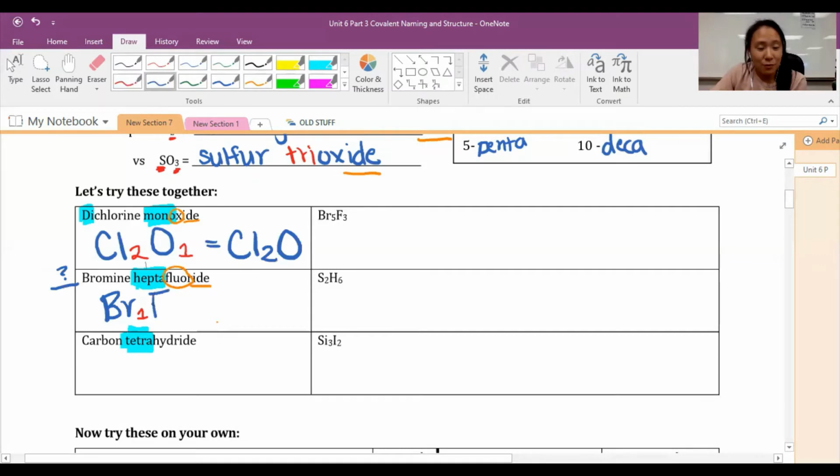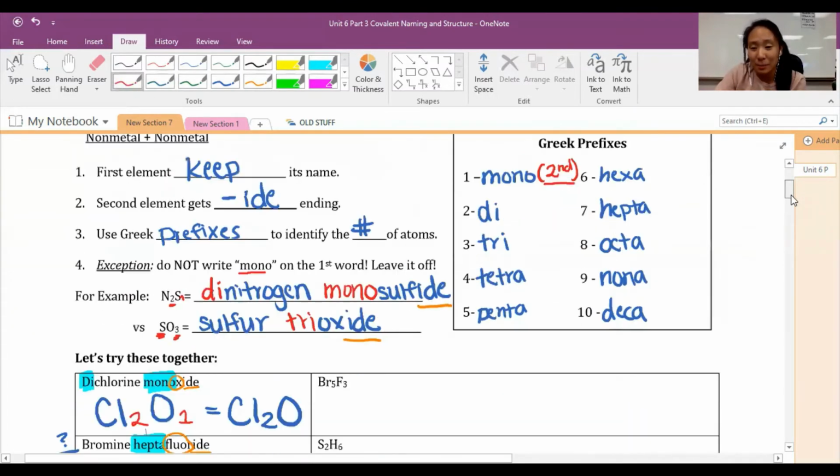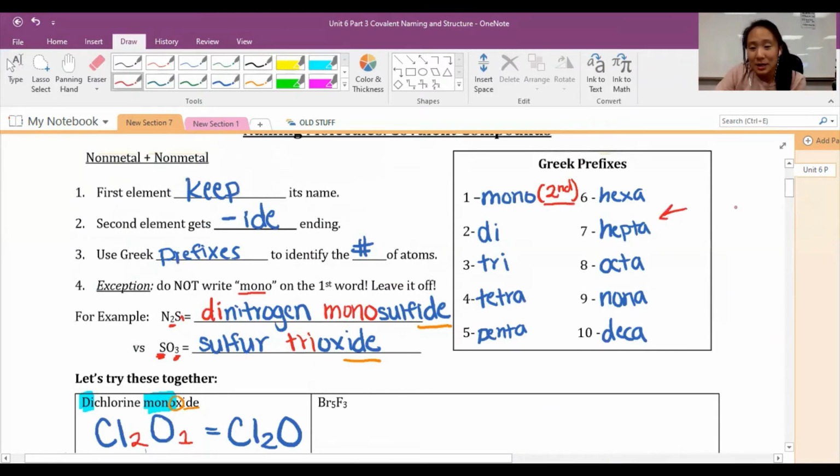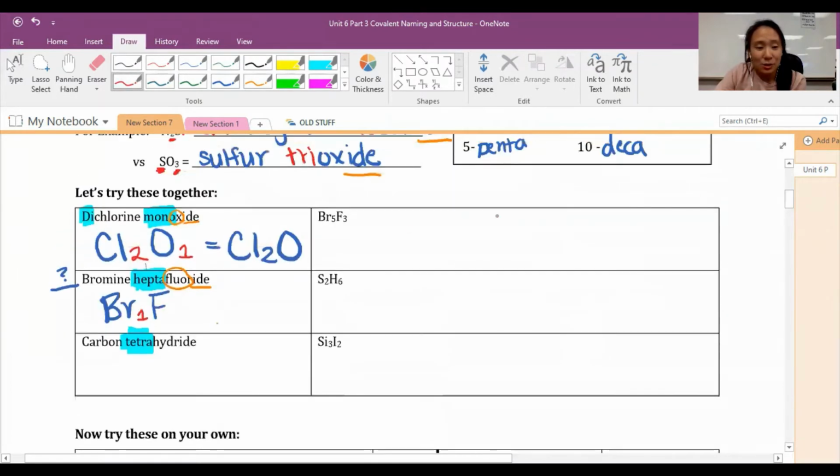So you would write F for fluorine and then hepta. So if you forgot, you can go up and look up hepta. Hepta is here, it's 7. So you would write 7 down here. Okay, if you wanted to write it properly without the ones, it would be BrF7, right? Carbon tetrahydride. So once again, carbon doesn't have a prefix, so it's just one carbon.